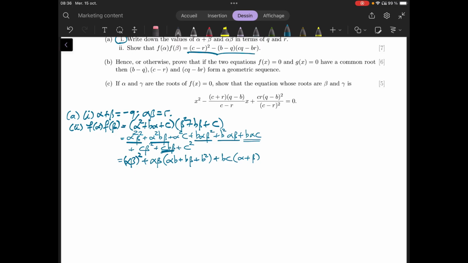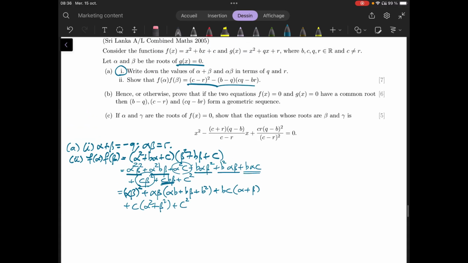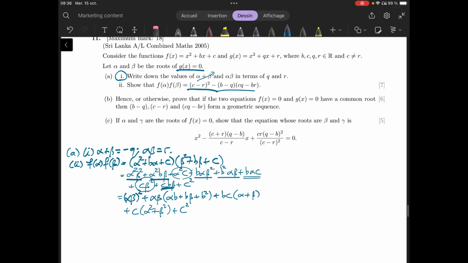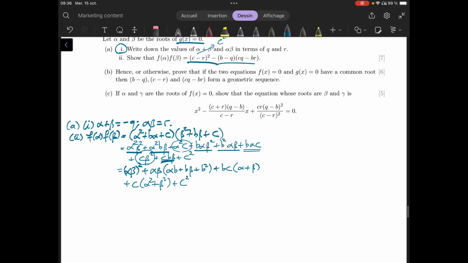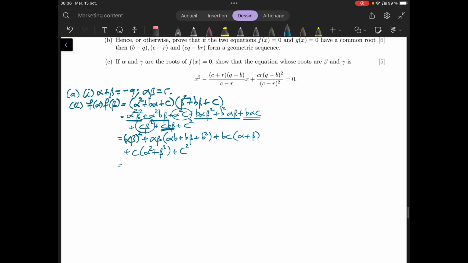So that's lovely. I can then group those two terms together. And we have c squared. Looking at the form of the right hand side, we know that we're gonna have a c squared over here anyway. So it's totally fine.